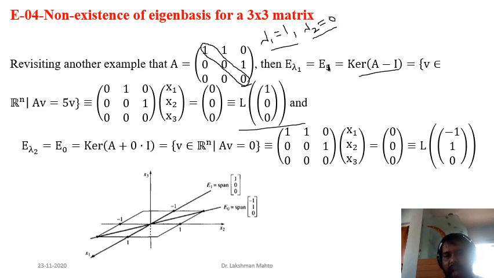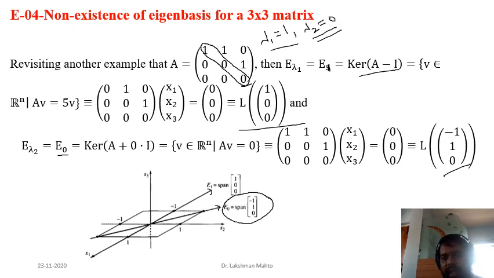Similarly, you can find the eigenspace with respect to the second eigenvalue 0. We denote it E0. It is just the linear span of the vector negative 1 1 0. Geometrically, this is the eigenspace with respect to eigenvalue 0, which is a line, and this is the eigenvector with respect to eigenvalue 1.